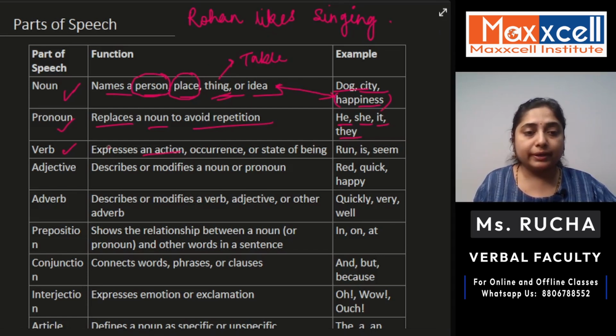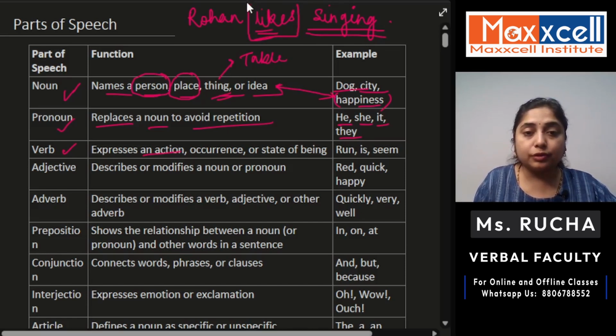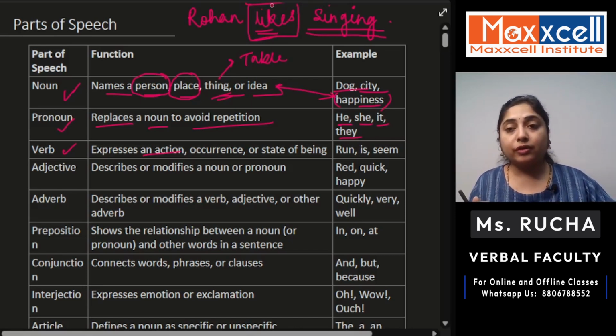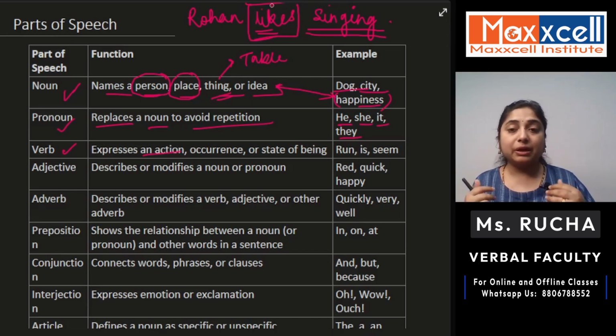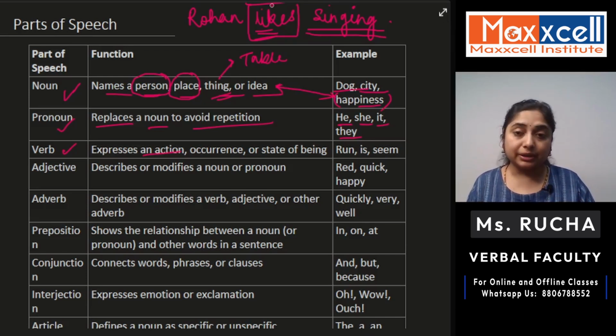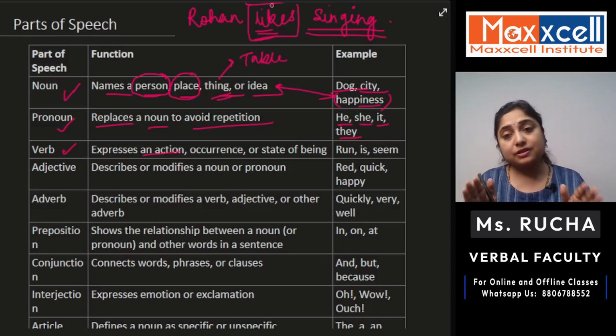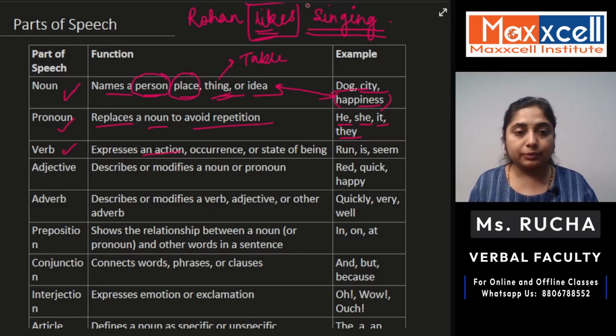Now, when we are talking about the action singing, is he singing right now? He's not actually singing right now. What are we mentioning? He likes. Liking is also a verb because it is also considered an action. Although we are not physically doing an action, we are liking something. The state of existence is also considered a verb, right?